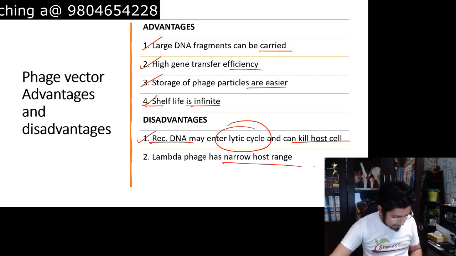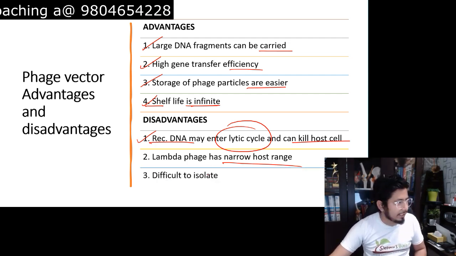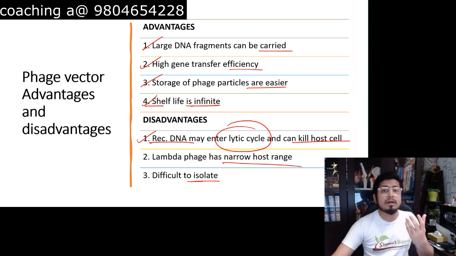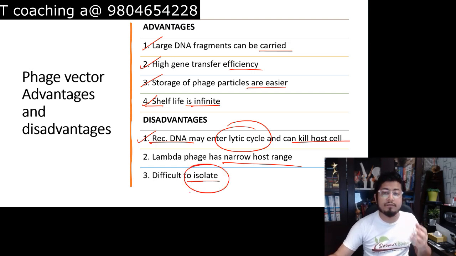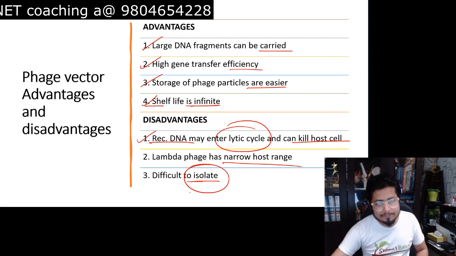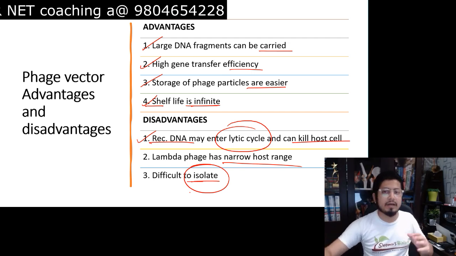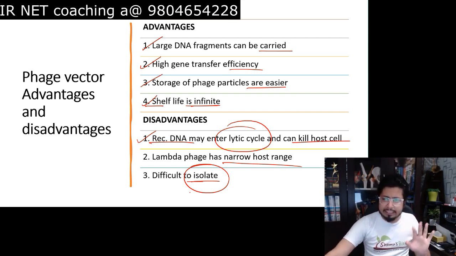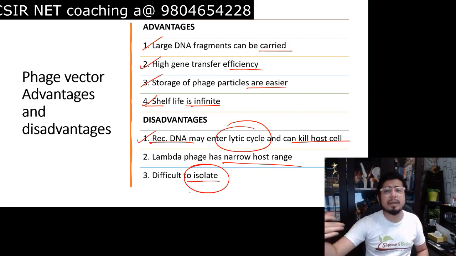And the third and last thing is the difficulty to isolate. It's difficult to isolate because obviously the isolation follows the isolation protocol of a virus. That protocol and viral culture are completely different from bacterial culture.